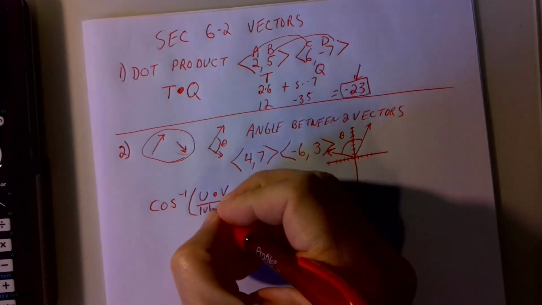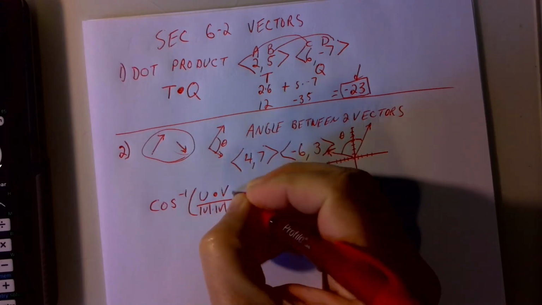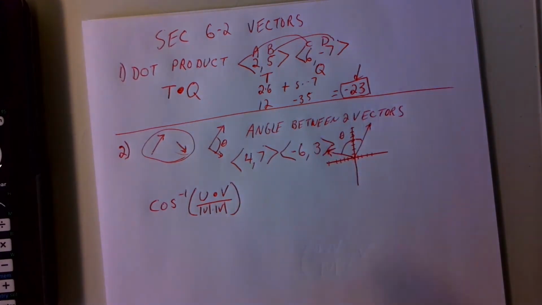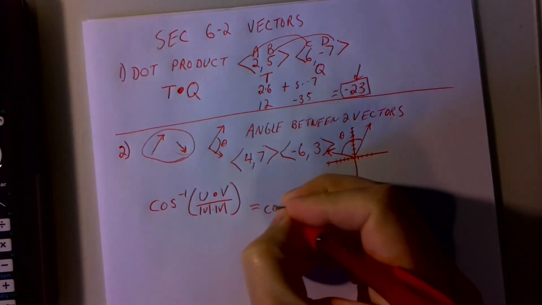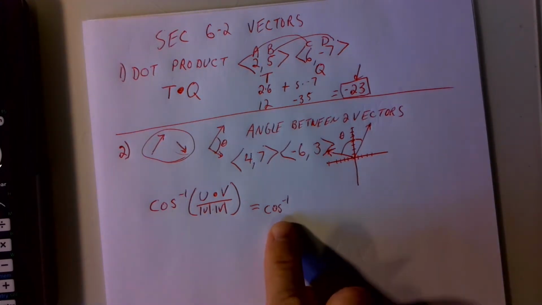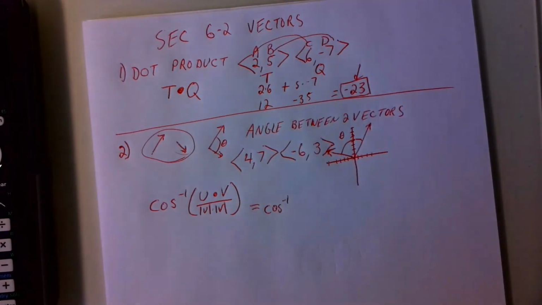Magnitude of u times the magnitude of v. Okay, so let's go ahead and do this math right now. So cosine inverse, that's just a trigonometric property that we're going to use. And u dot v, so that's the dot product from what we had right up here.